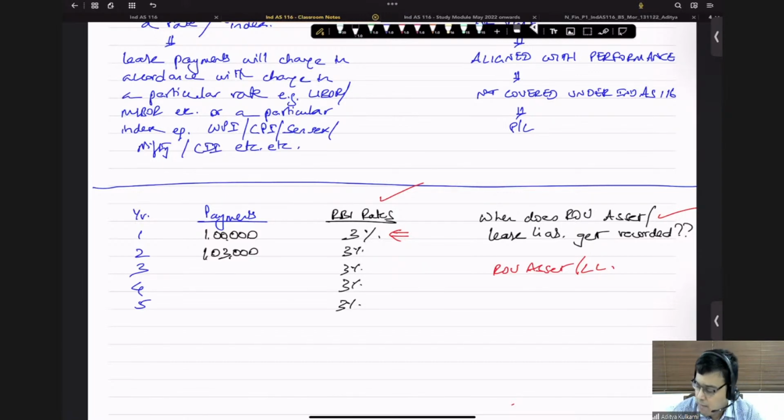So therefore, based on this data, I will proceed to calculate my liabilities. 106090 into 109273 into 1.03. 1,12,551.